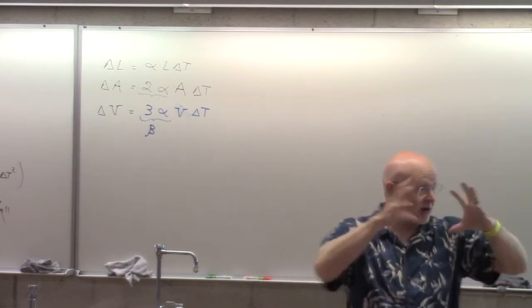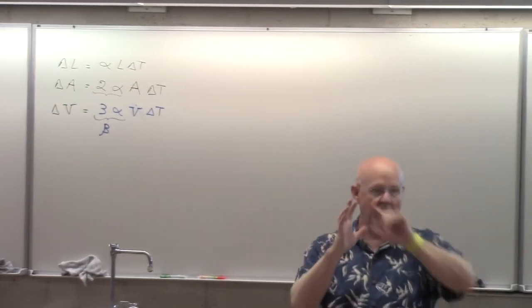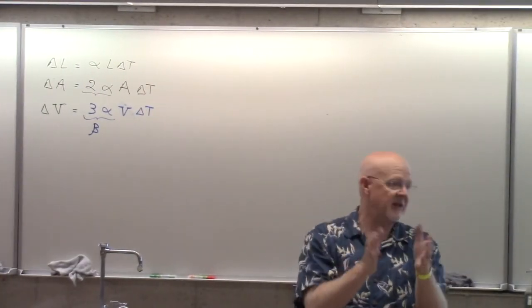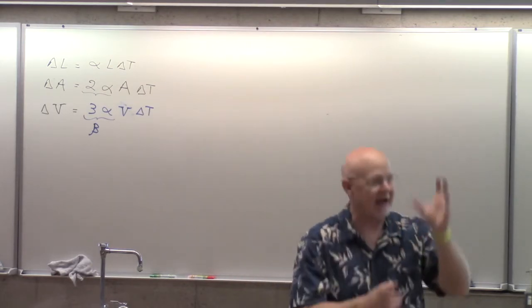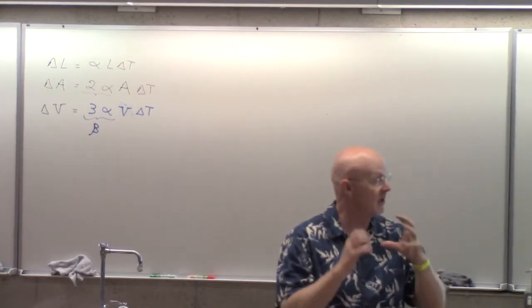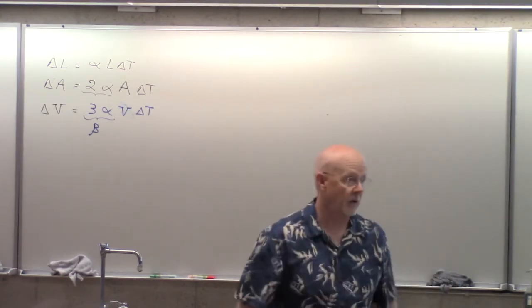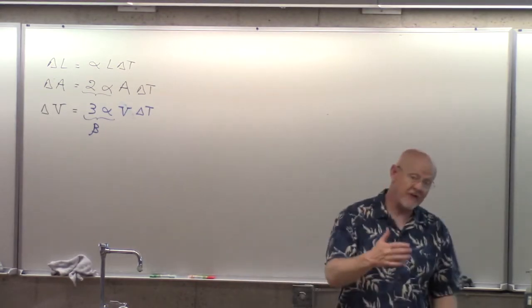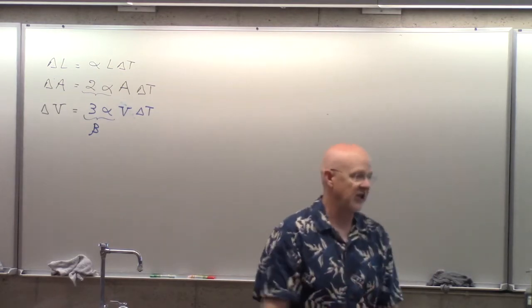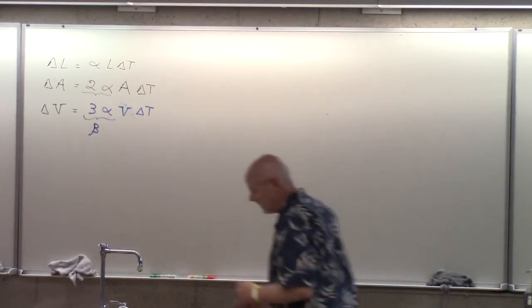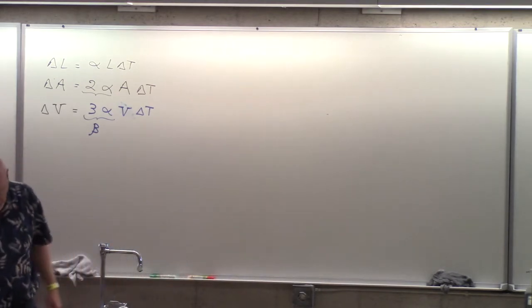And the brass around it expands the same amount as if there was brass there. So I know there's not really brass in the hole, but that's how you're going to calculate the expansion when you have an opening, when you have a hole. And so it's actually fairly easy to do, but it does take a little justification. And that's why I wanted to spend some time here justifying it.